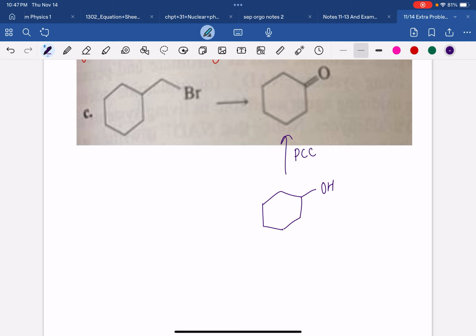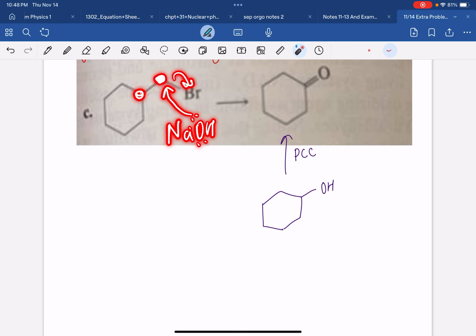But the only issue is I can't get an alcohol here on the ring. The alcohol would end up here, like if we did NaOH, this would attack here and go here. So this wouldn't be on the ring. You see how it has to be on the ring? So this reaction won't actually yield the proper answer.